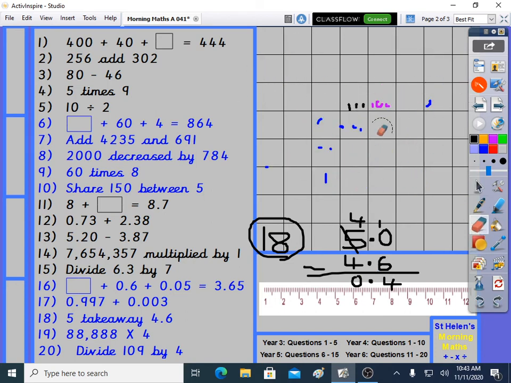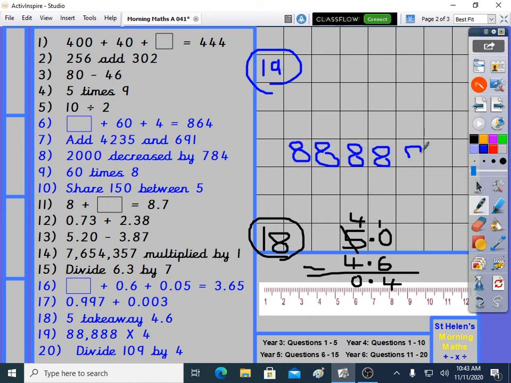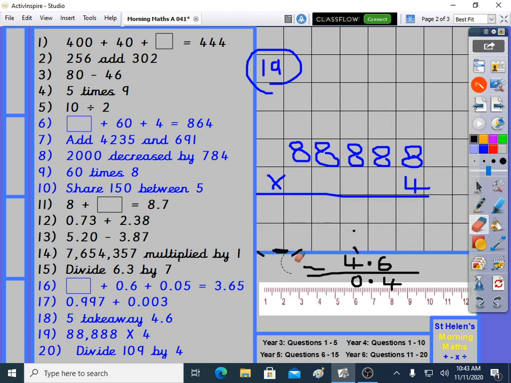This is just quite a big multiplication involving lots of 8 times 4s. 8, 8, 8, 8, and 8 times 4. 8 times 4 is 32. I better get that right. And then I think there'll be lots of little carried 3s, won't there? 4 times 8 is 32 plus 3 is 35.